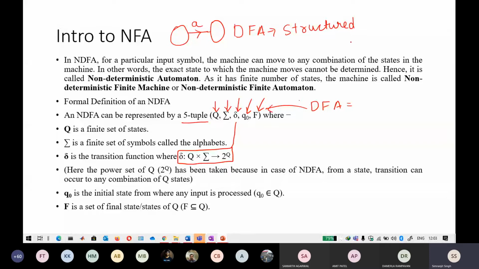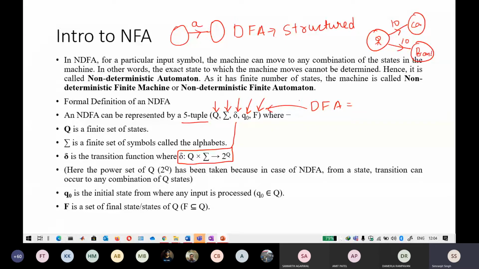Now, for NFA, remember the concept of non-determinism that I told you in the starting: a person receiving an input of 10 rupees can go to buy a candy, or the same person can again go to deposit it into a bank.